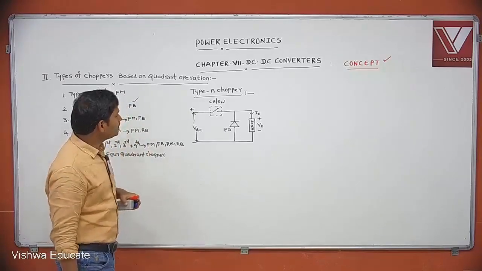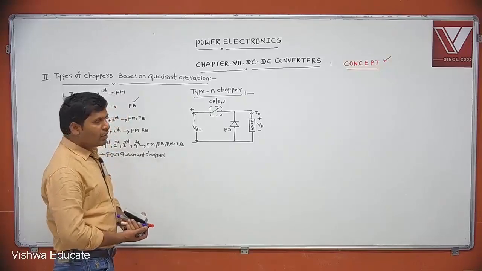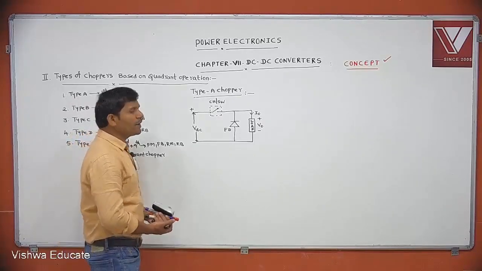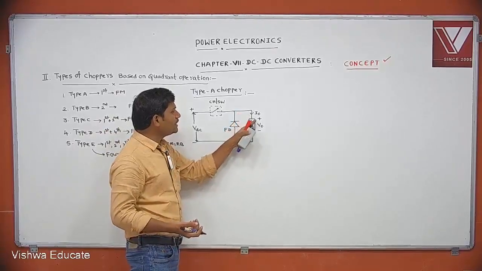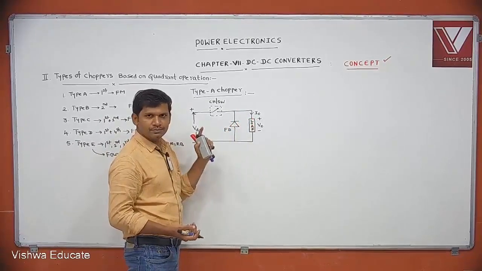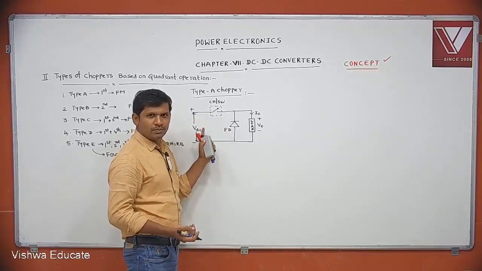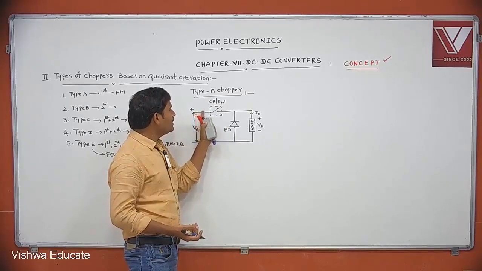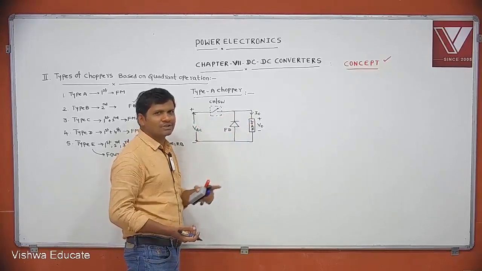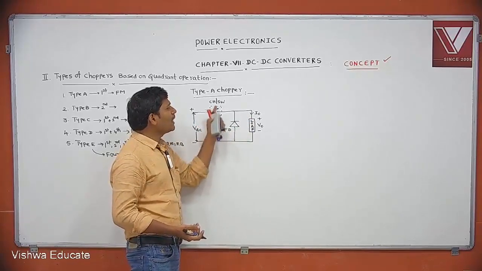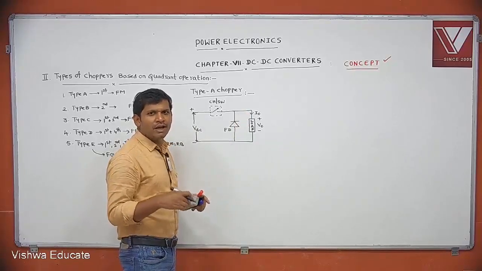Now the question is, we want to analyze in which quadrant it is operated. For that, we assume this is the assumed current direction and this is the assumed voltage polarity. During operation of this circuit, whatever the current supplied to the load is the same as the assumed current direction, then take the current as positive.